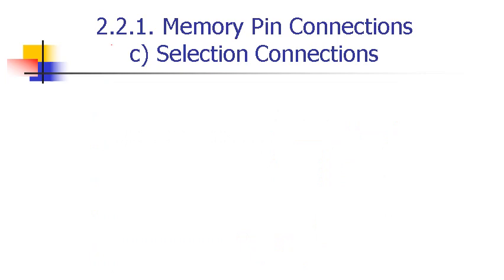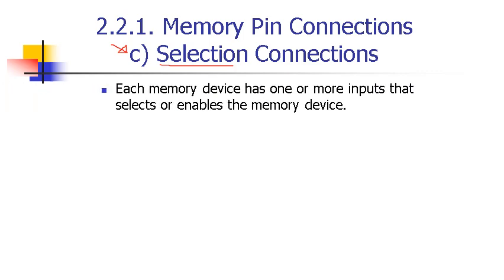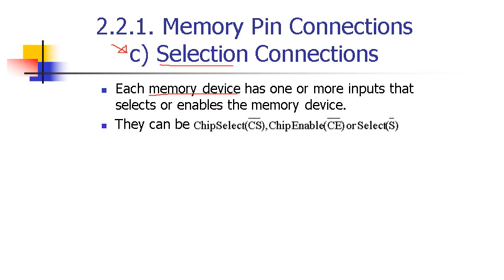Okay, the third connections, we discussed address connections, data connections, and now the selection connections. So each memory device has to have some connections for it to be selected, to enable it. These are the selection connections.